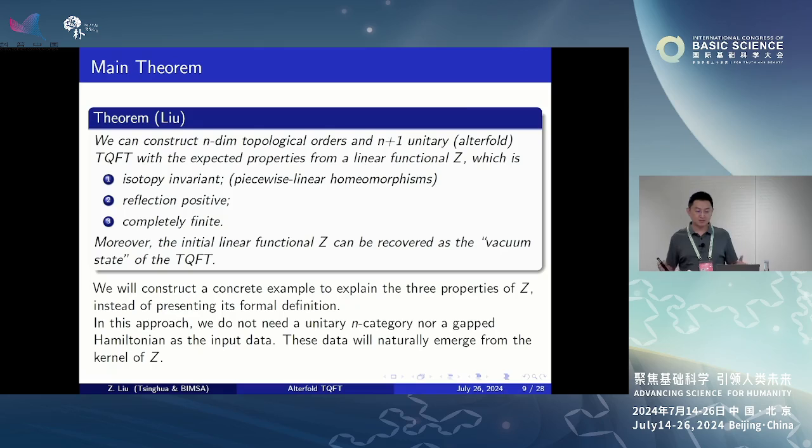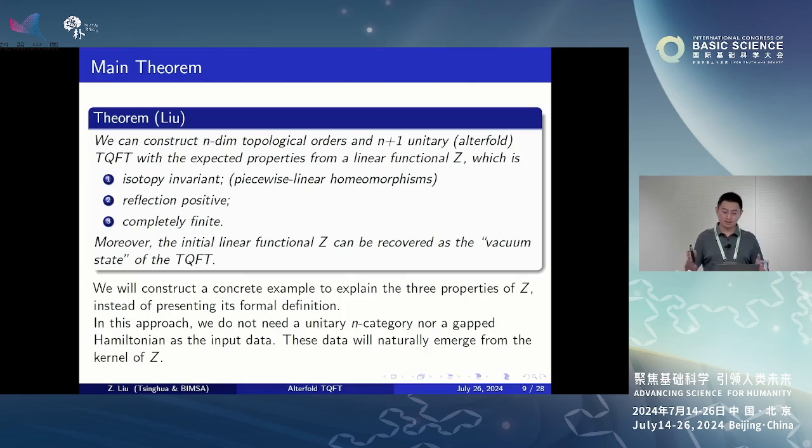And how do we expect to have so many interesting algebraic relations just from a single linear function Z? The point is that the kernel of Z is really huge, and everything lives in the kernel, so we will consider that as an algebraic relation. That means we have a huge amount of algebraic relations.